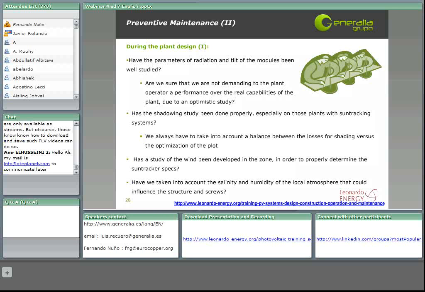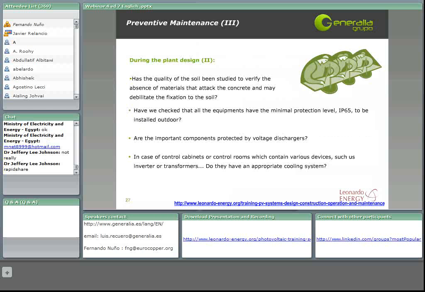Third, we have to ask ourselves if we have taken into account the salinity and humidity of the local atmosphere, because it can influence the structure and the screws that we have selected. Fourth, talking about the quality of the soil, we have to be sure that we have verified the absence of any materials that may attack the concrete and debilitate the fixation to the soil.